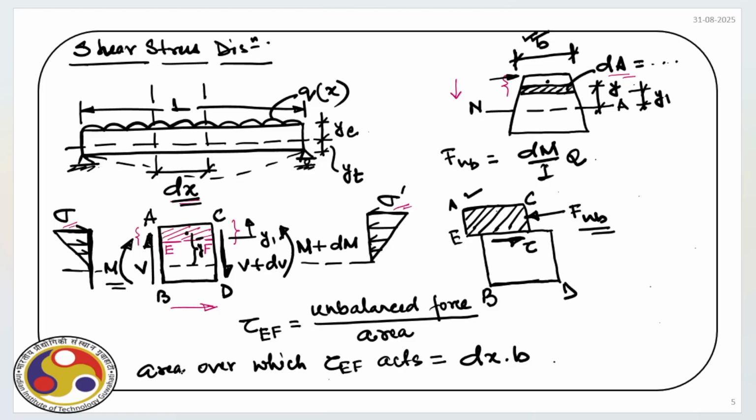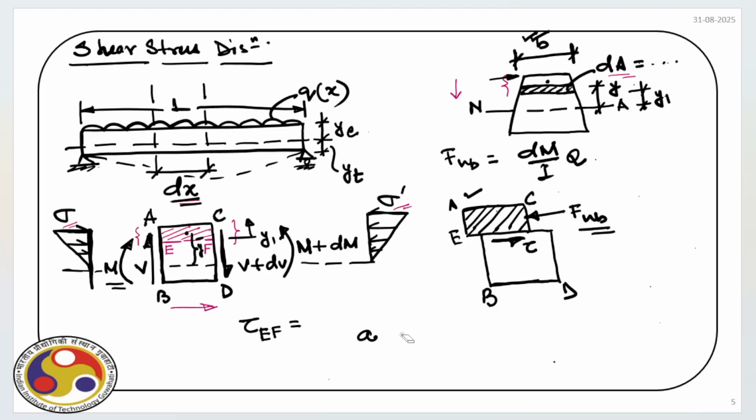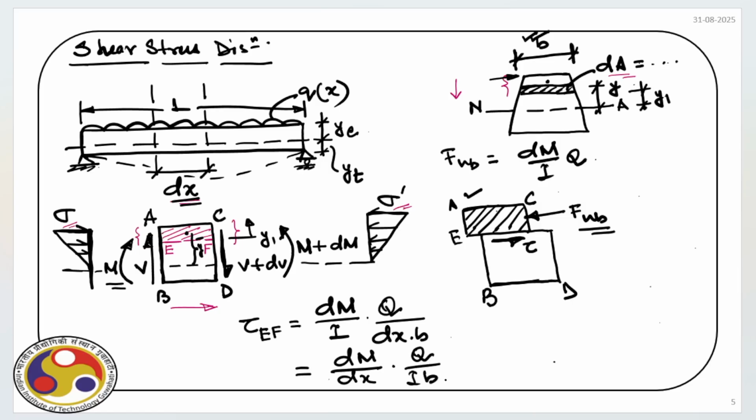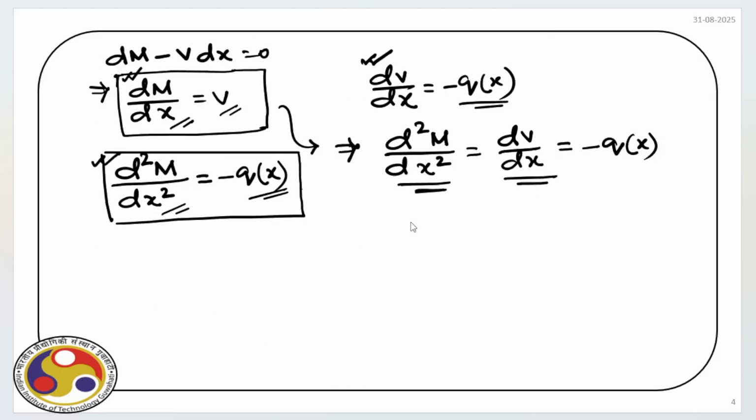Now, if that is the case, then we can actually quantify tau EF using the expression of unbalanced force. Let us do that. So, unbalanced force is dM by I times Q, divided by area. We have already derived that as dx times B. So, what we have is dM by dx times Q divided by I times B. Now, at the beginning of today's lecture, we have derived this expression.